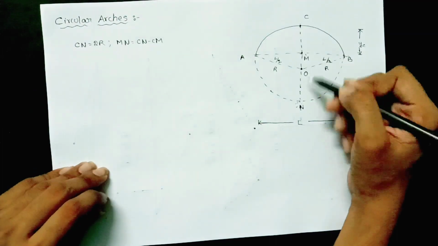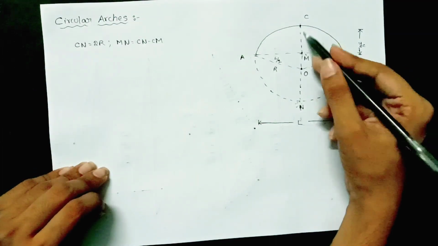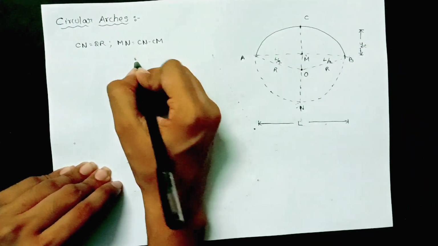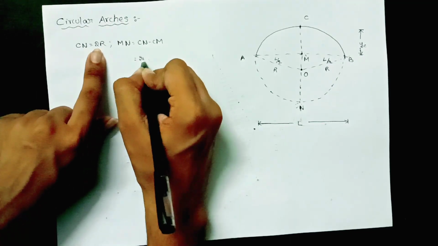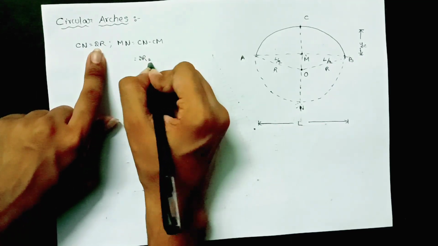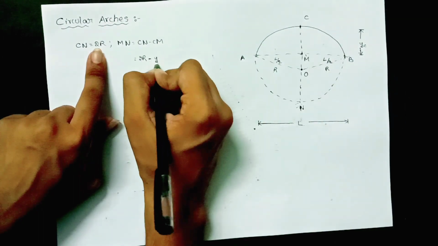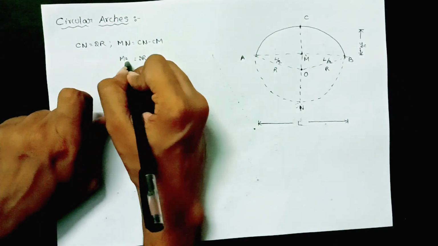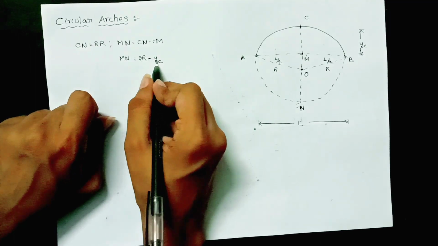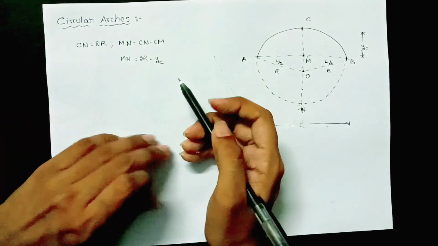So my aim is to calculate MN. CN is obtained as 2r, and CM is nothing but the central rise Yc. So I have obtained MN equal to 2r minus Yc. I have just substituted the values here.